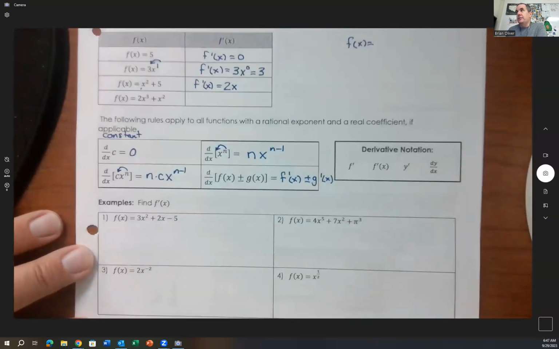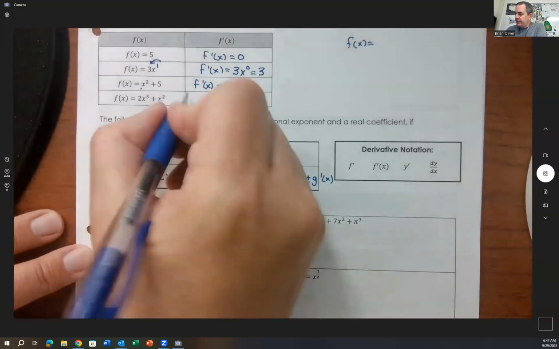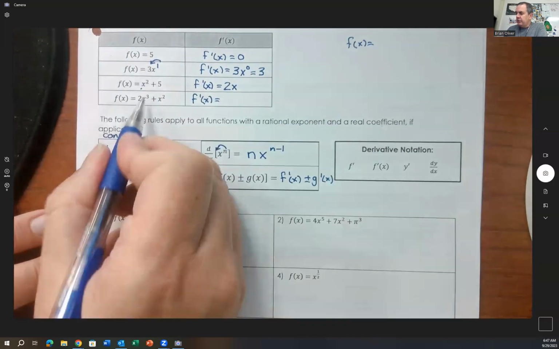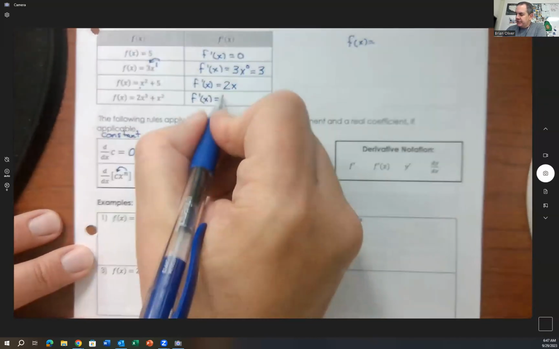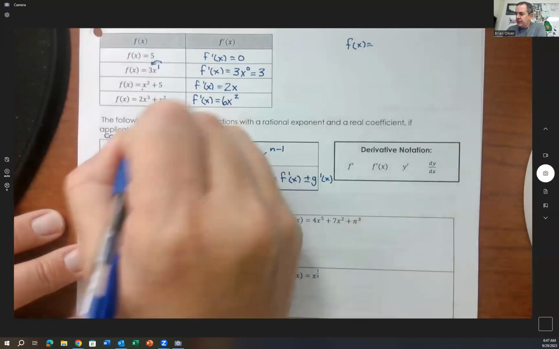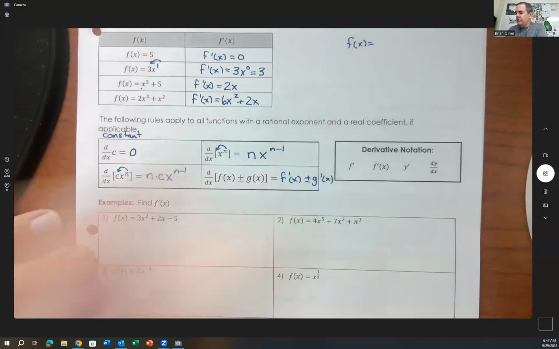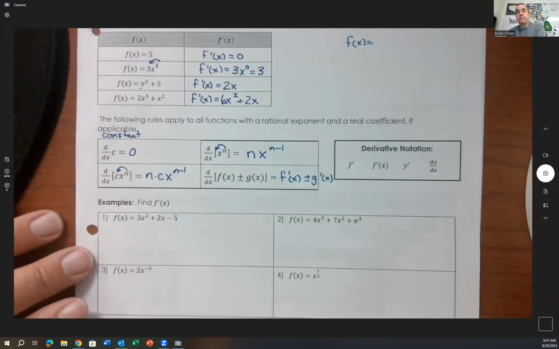The derivative of a constant is 0, so that function's derivative is 2x. This one right here, f of x is 2x cubed plus x squared. 3 up front, 3 times 2 is 6, we drop the exponent by 1, 6x squared. 2 comes to the front, 2x to the first, so 6x squared plus 2x.